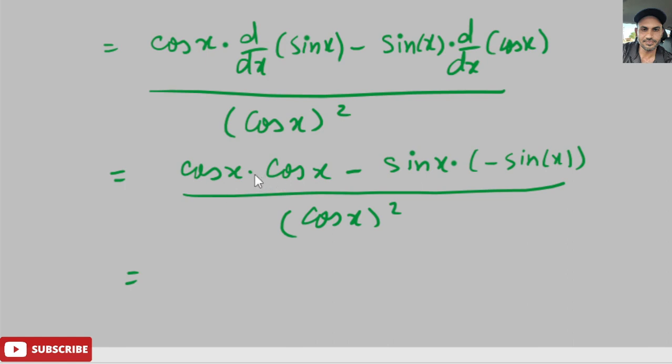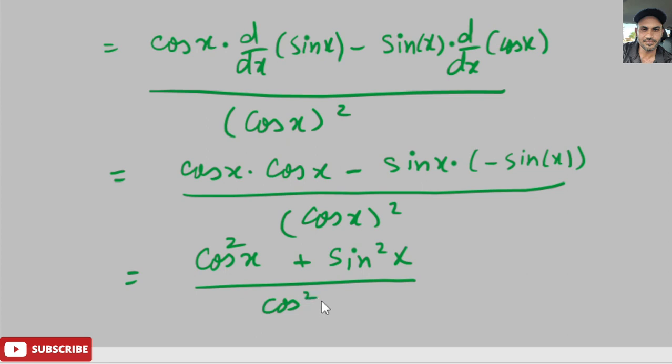Okay, now I'm going to simplify the numerator further. So cosine of x times cosine of x is cosine of x squared, or cosine square x, which is the same thing. Minus times minus is positive, and then we get sine square x, and then divided by cosine square x.